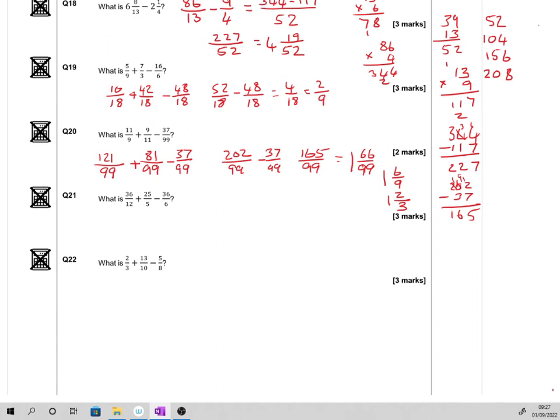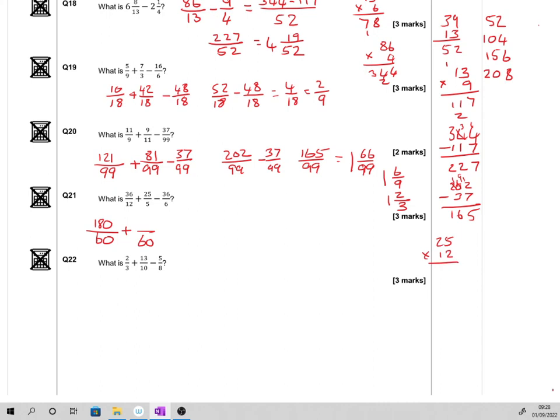Okay, 5/12s, 5/12. I can make them into 60ths. So I multiply that by 5, which is 180, plus, I'm going to multiply that by 12 to make it 60. 12 times 25. 25 times 12.